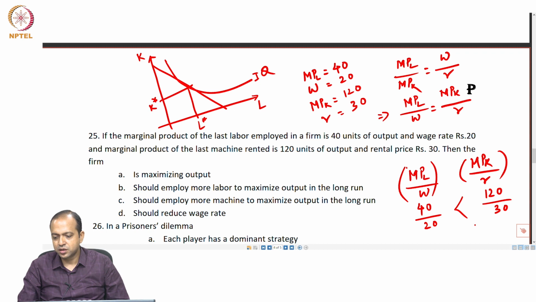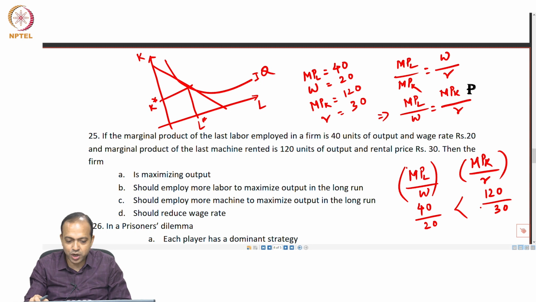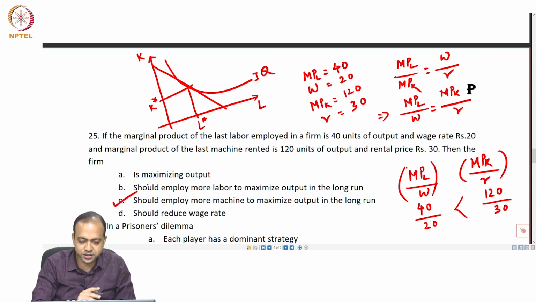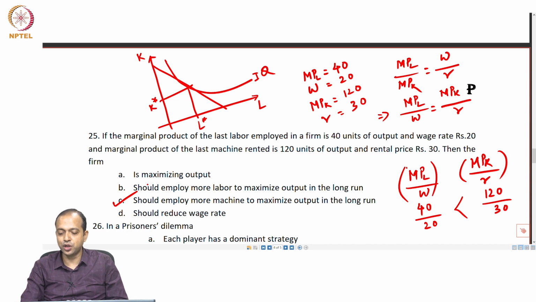So, that means the producer should actually employ more capital, more machines to maximize. Since this is an inequality, the firm is not maximizing output at all. Should it employ more labor? No, because the return is more on capital. It should employ more machines to maximize output in the long run.